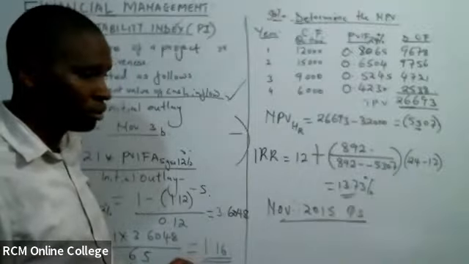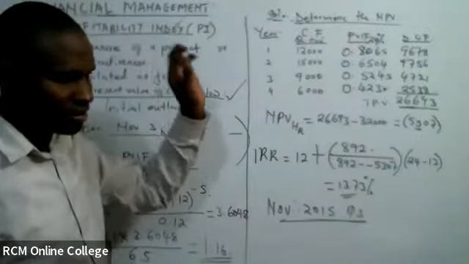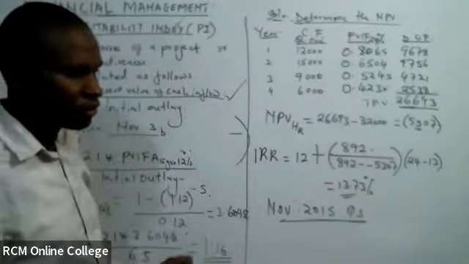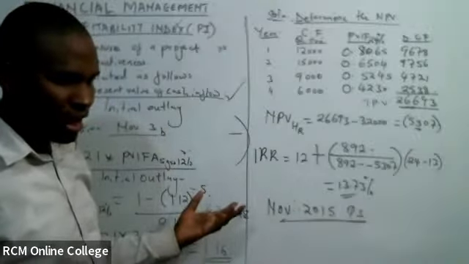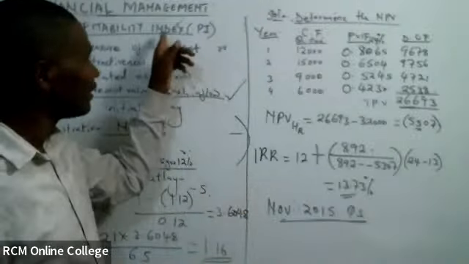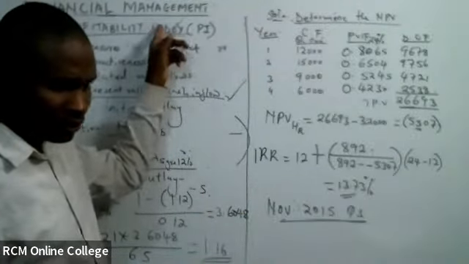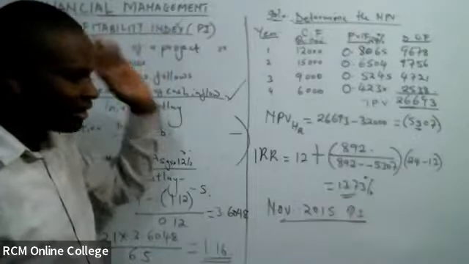Now the interpretation or the decision rule for this: if the PI, don't bring in sharing index, it is the profitability index. We're dealing with the index here.